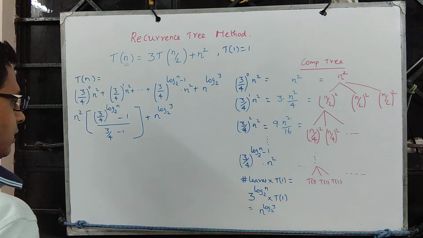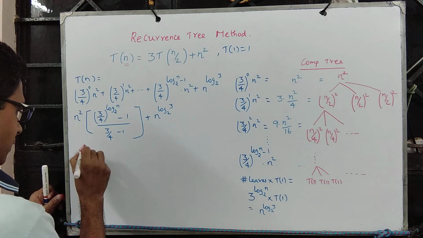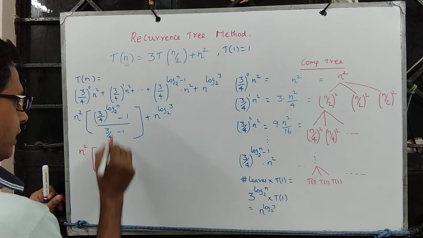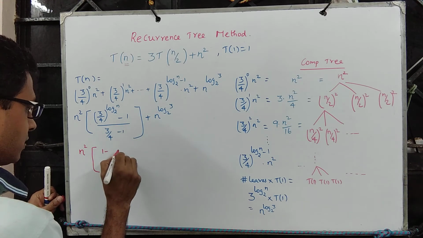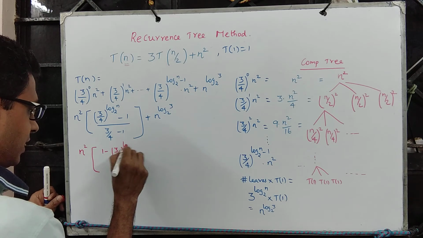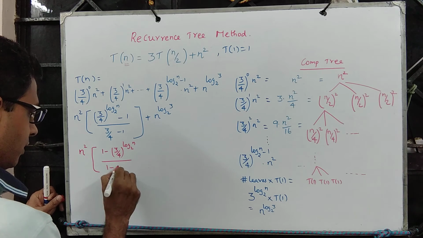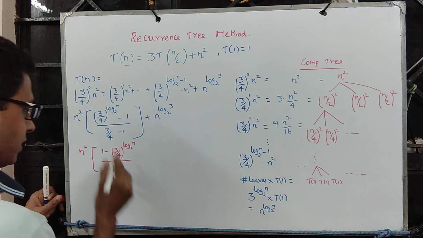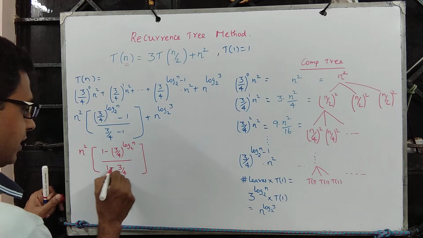Correct? So now you can see this. So n square, let me rewrite this, 1 minus 3 by 4 to the power log n base 2, and in the denominator, if you take minus 1 common on both sides, this is what we get.